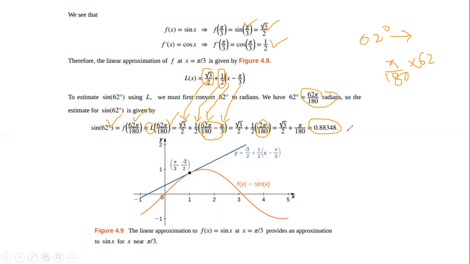So these are the values we find by using linear approximation. This is the point at pi upon 3 and root 3 upon 2 of the function value.